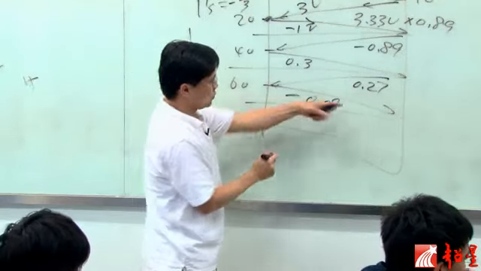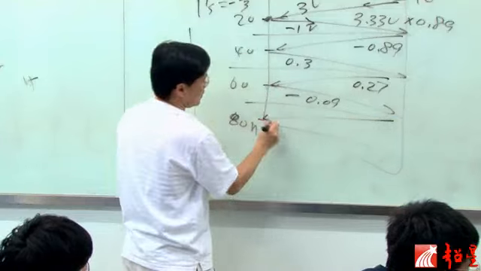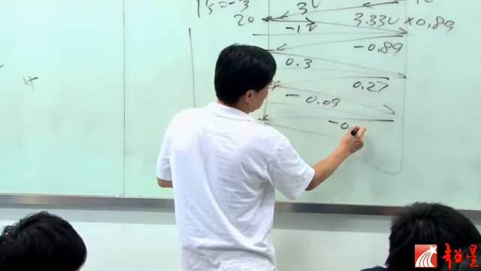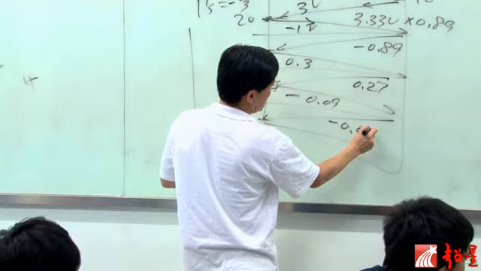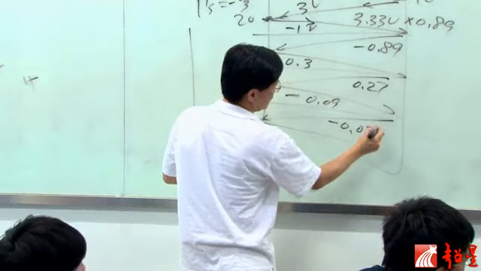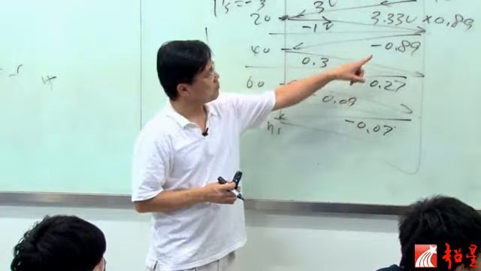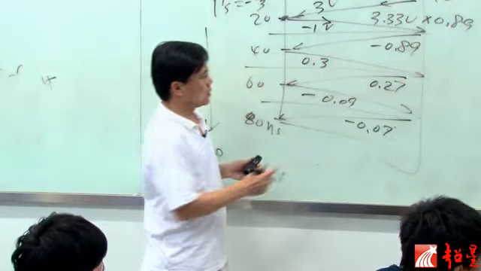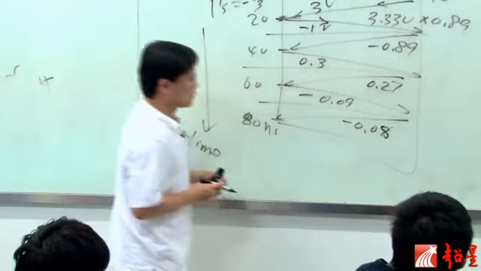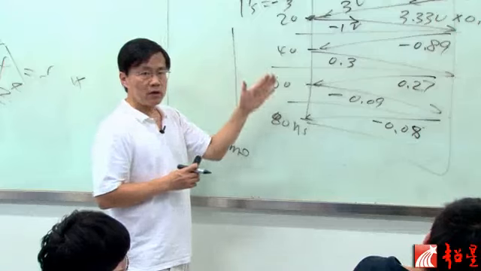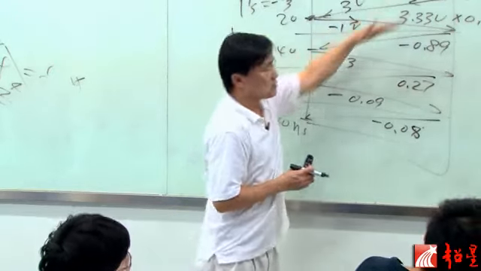It's going to go the other way, and then you have negative 0.07, roughly. So that's how the wave is going back and forth in space and time.